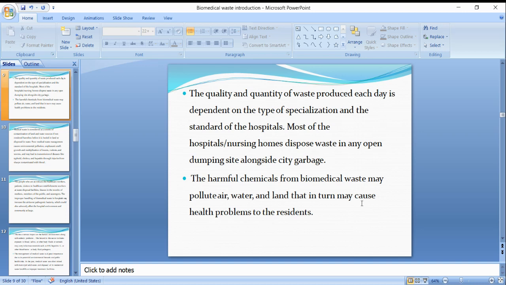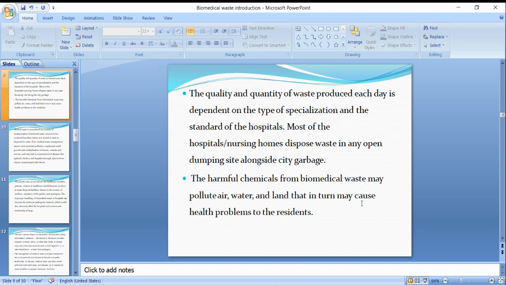If you go for any physician hospitals, it will be different. If you go for cancer hospitals or the like, it depends on the hospital variations, and the biomedical waste will be different.